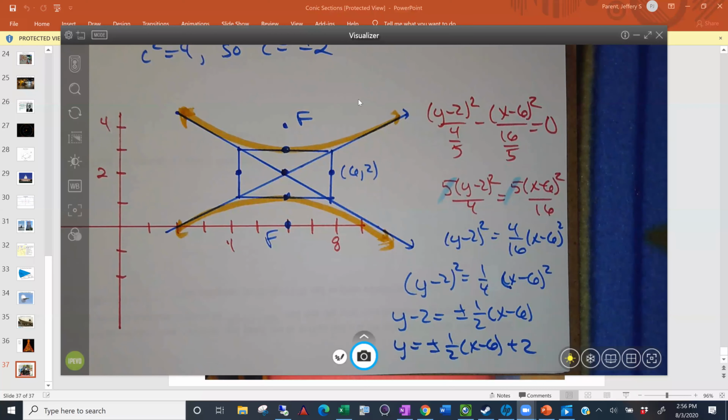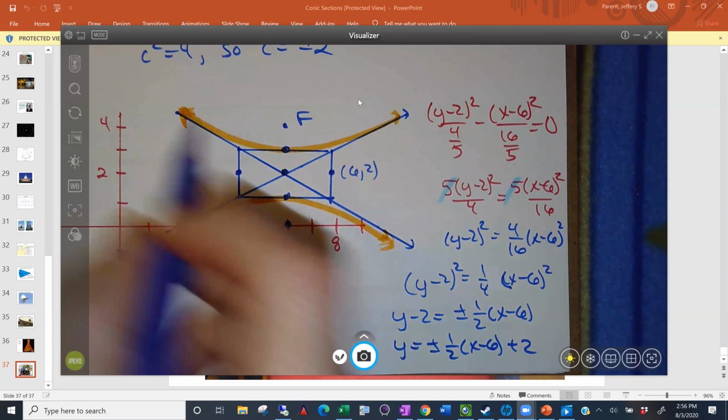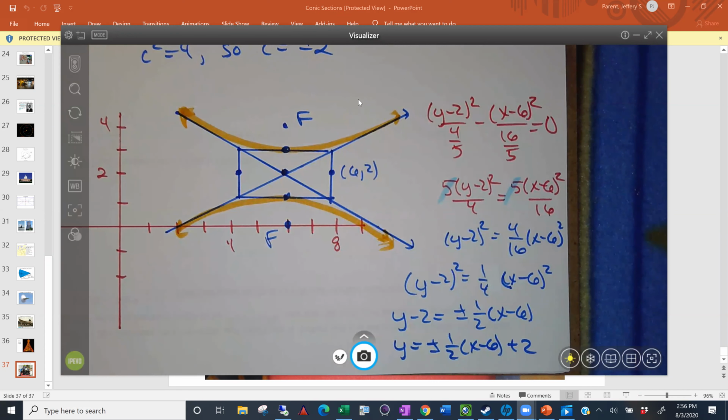That would be the equation of each of your asymptotes. You can clean it up from here, but I think that's a good place to leave it. Asymptotes.